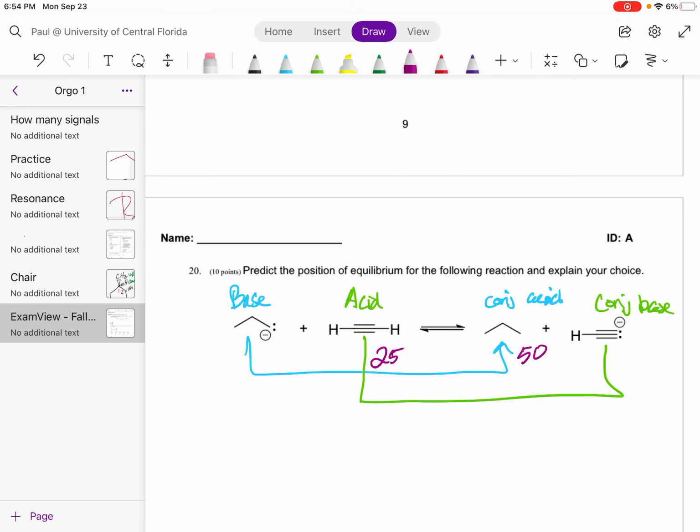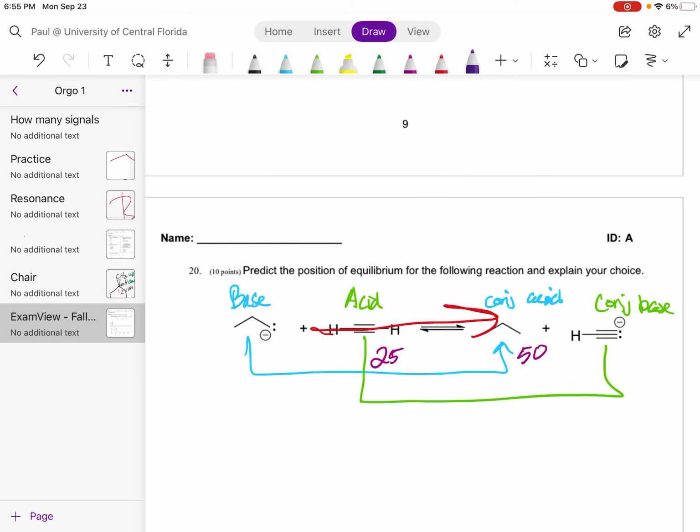So based off of knowing that equilibrium favors the side of the weakest acid, we know it's going to go to the right. Now, if you did not know your pKa's, then you could also remember that equilibrium also favors the side that contains the weakest base.